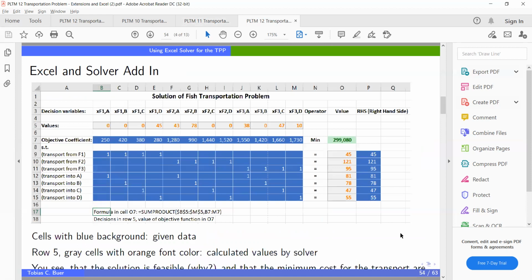If you prepare yourself for the transportation problem, it's always good to work with Excel at the same time, so you can try to improve your understanding. You can change the values here in this table.